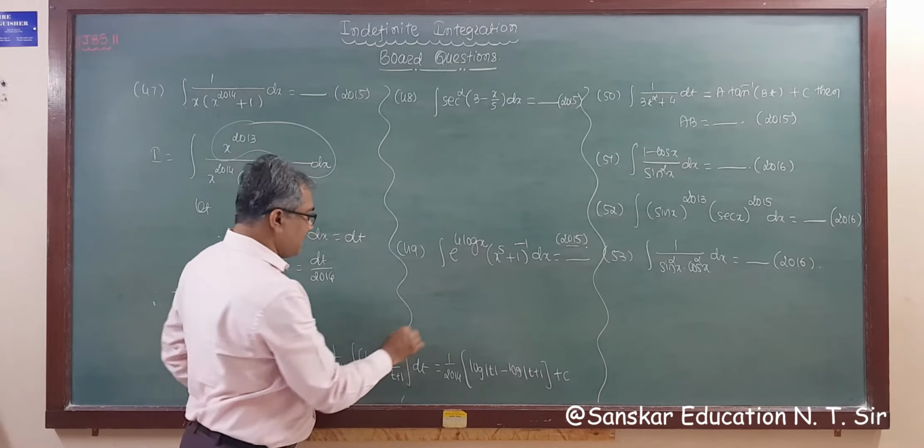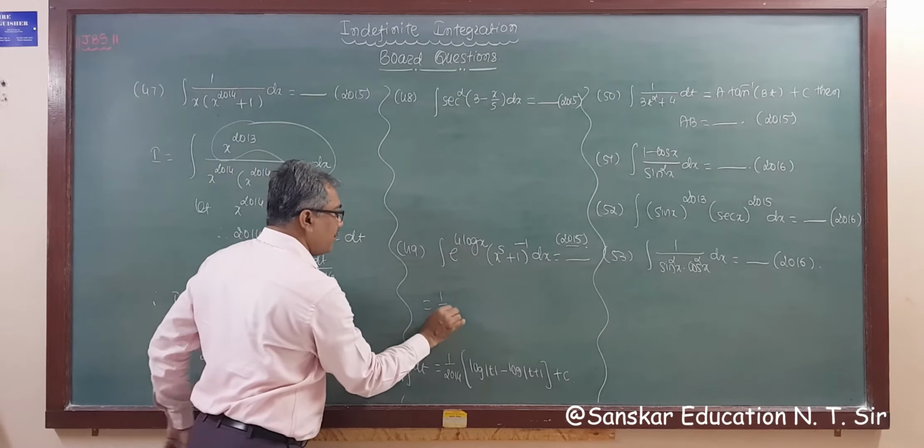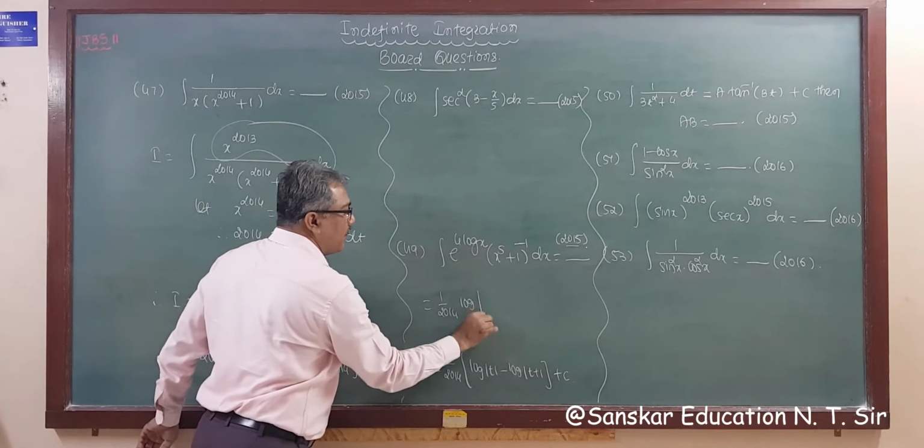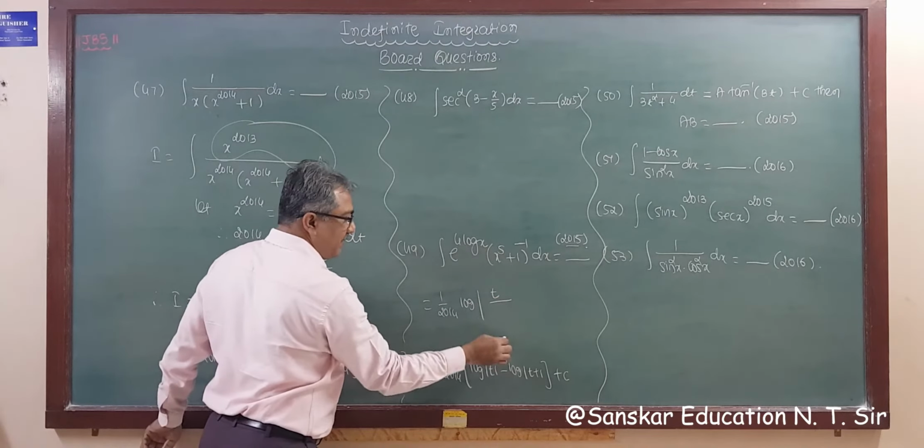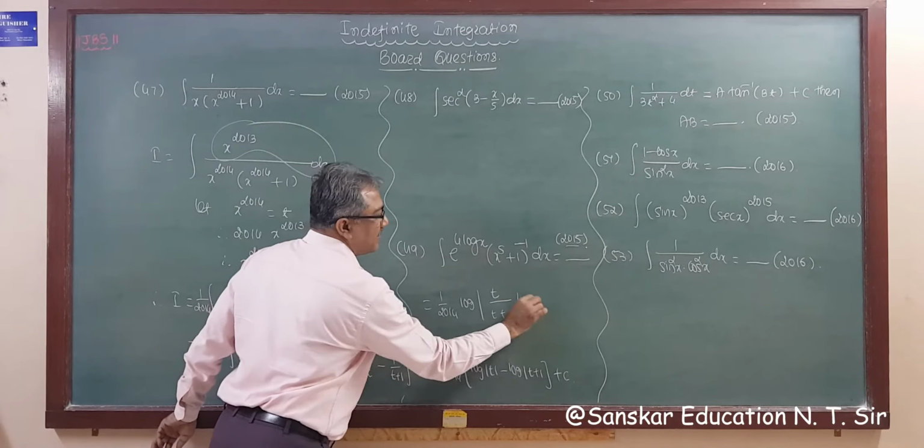So the answer is 1 upon 2014 log mod t upon t plus 1 plus c.